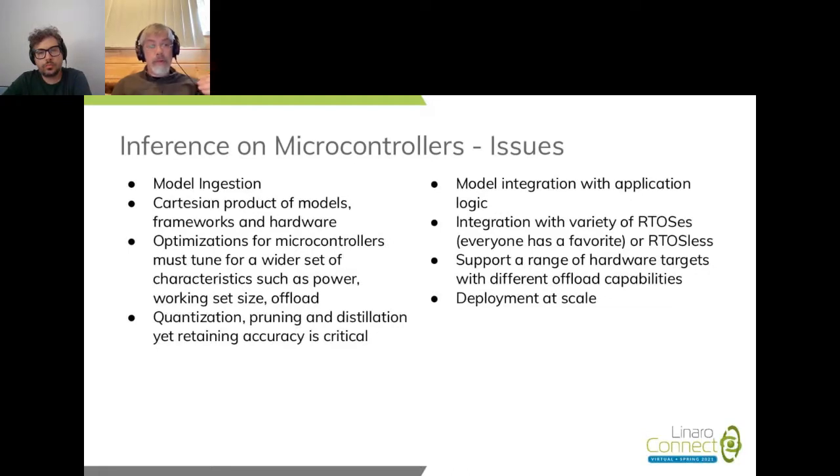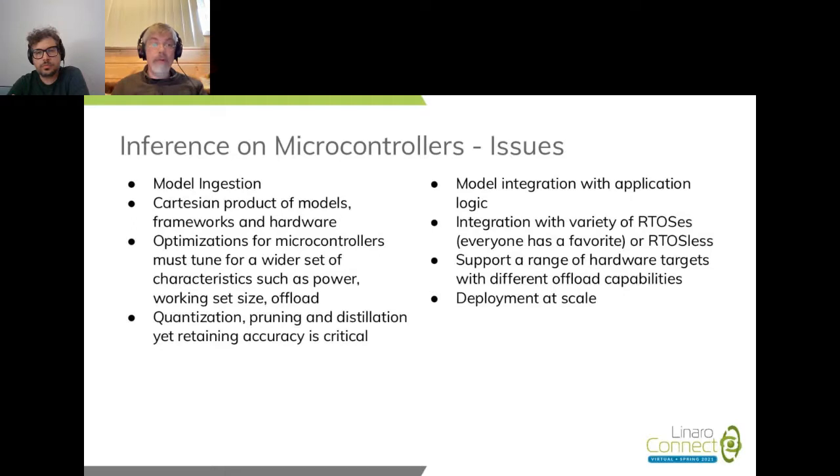So that said, when it comes to optimizations for running a model on a microcontroller, we have a wider variety of characteristics that we need to be tuning for. It's not just make the model run faster, but we also have to be thinking in terms of the working set size, i.e. how much memory you are fitting into, as well as power consumption.